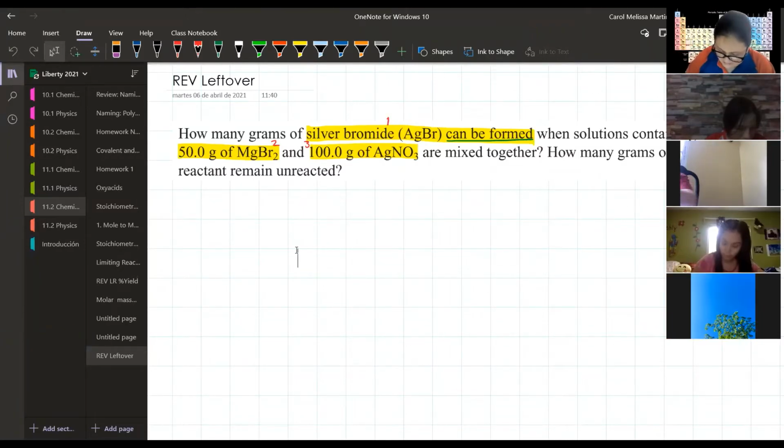In this case, this part that says can be formed is information about the product. So, in other words, this is telling you that silver bromide is a product of the reaction. So I will start by writing the equation right here.